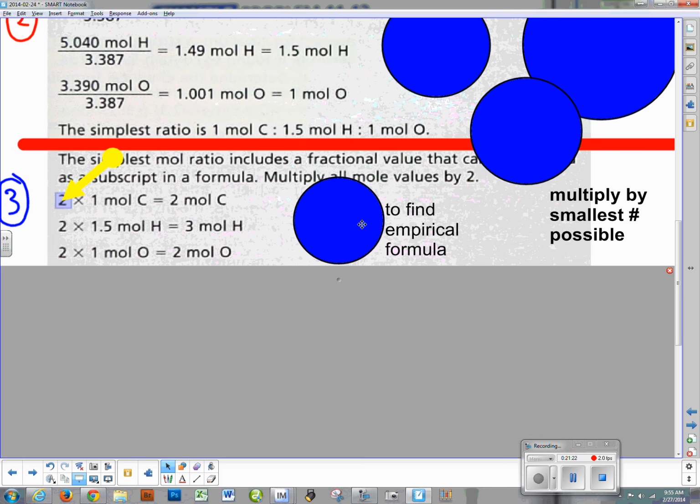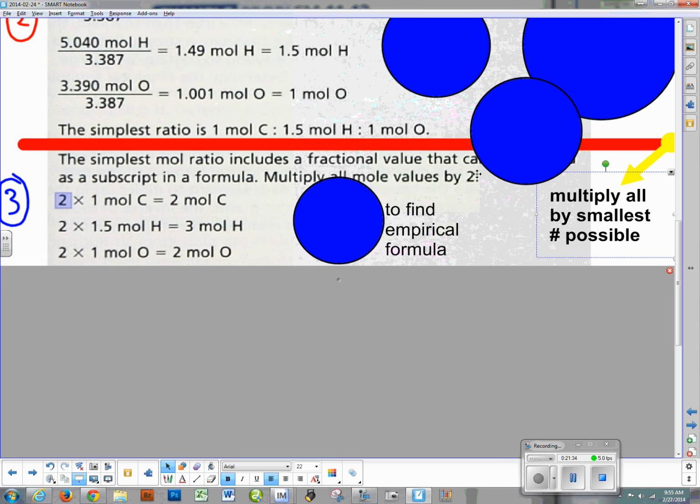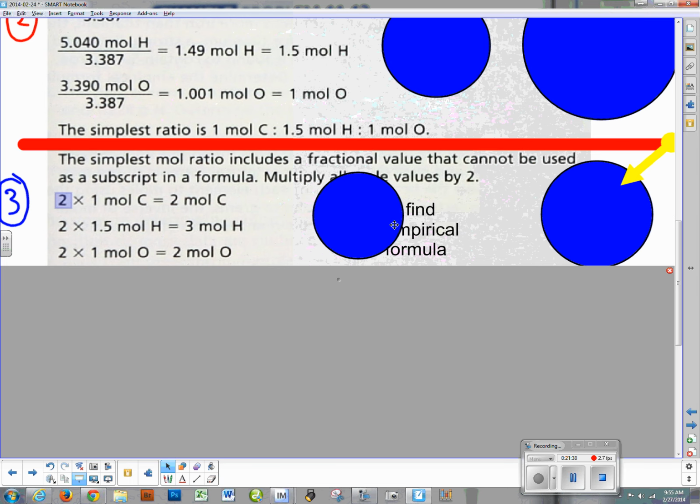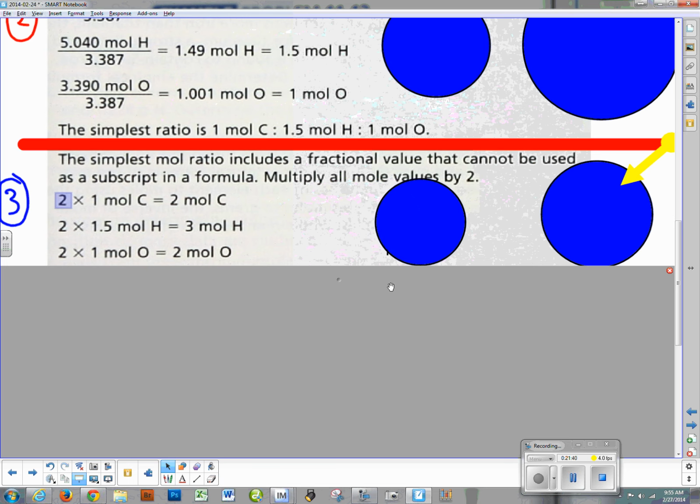When we did this, we multiplied by the smallest number, and I probably ought to say here, multiply all by the smallest numbers possible. And it still covers. Good. Okay. To get the empirical formula. Now, how do I get the molar mass of the empirical formula?